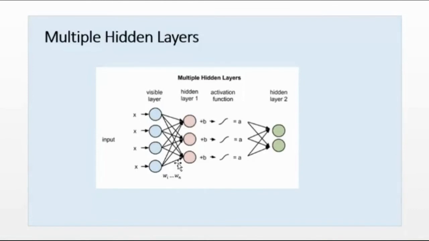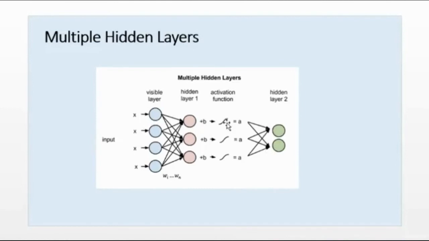Once these weights are optimized, this hidden layer acts as a visible layer to hidden layer 2. Similarly, if there is another hidden layer, once the weights are optimized, the output of hidden layer 2 acts as an input to hidden layer 3, like that. When reverse computation happens, from hidden layer 2 we reverse compute to hidden layer 1 and optimize those biases as well as weights.